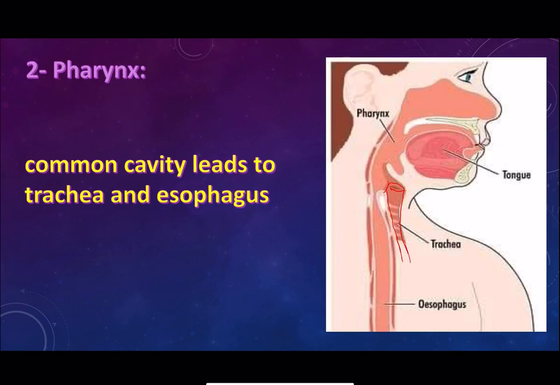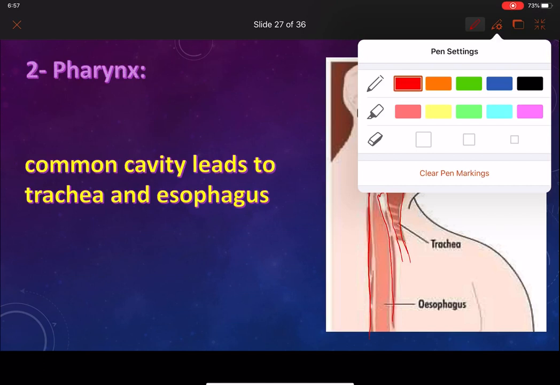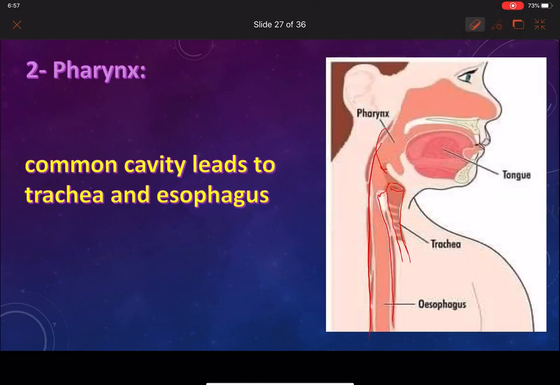And this is the esophagus. Okay, this part is called the pharynx. So it's a common cavity between the trachea and esophagus.